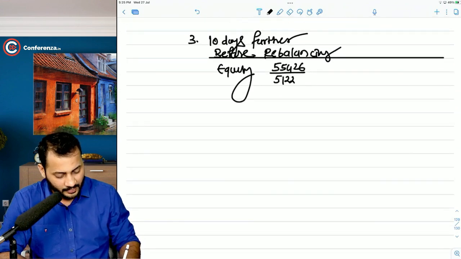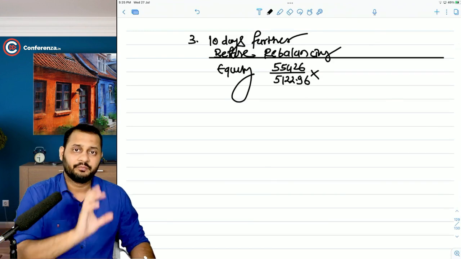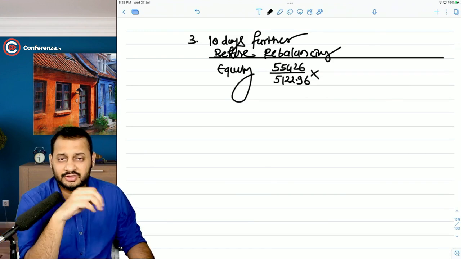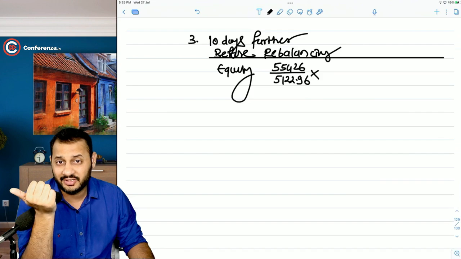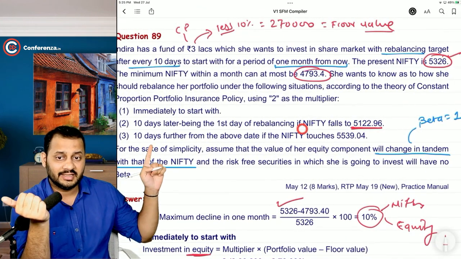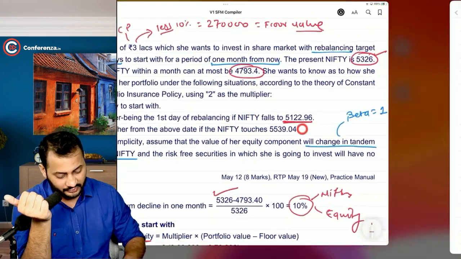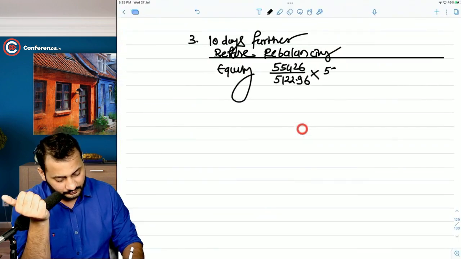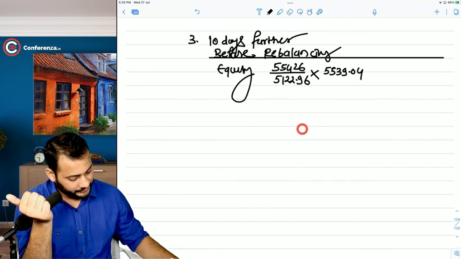Am I right? We are going to now compare the current situation with the situation 10 days back. And now the index has touched 5539.04.